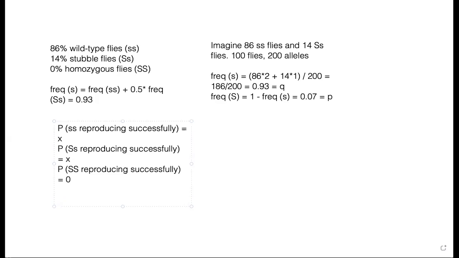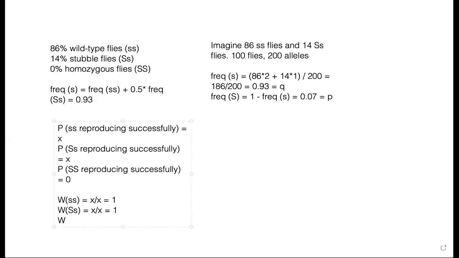We can divide all of those probabilities by the highest value among them. So the relative fitness, that's a W, of the little s genotype is equal to X divided by X, which is 1. The relative probability of a heterozygote fly reproducing successfully is X divided by X, which is 1.